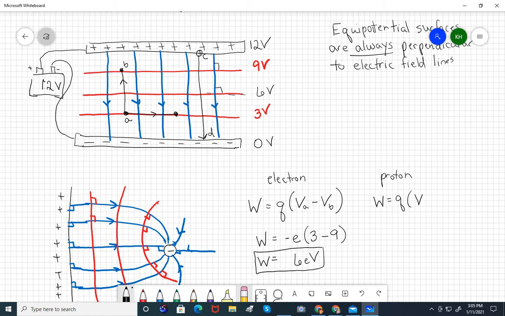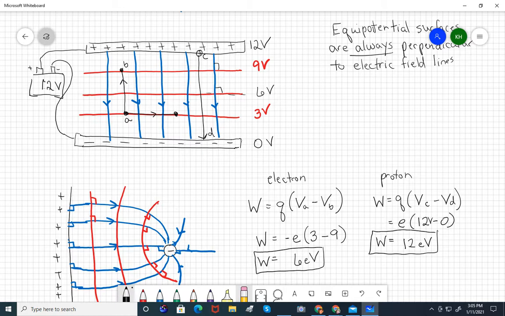It went from C to D. Again, the charge on a proton is simply e. The voltage at C was 12. The voltage at D was 0. And that's going to be 12 electron volts. You can see why electron volts are so easy to use.